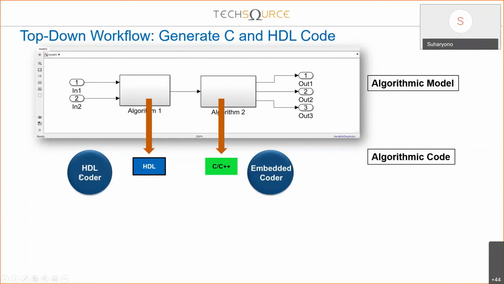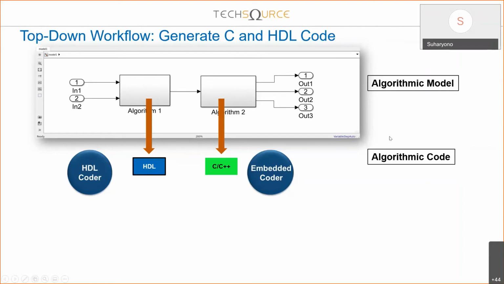Like I mentioned, we have a tool called HDL Coder that helps us generate HDL code from our algorithm or Simulink model. For algorithm 2, we target an embedded processor, so we generate C++ code.